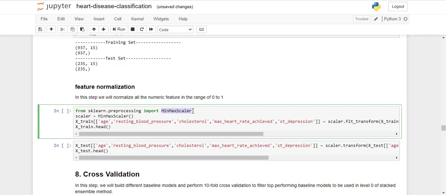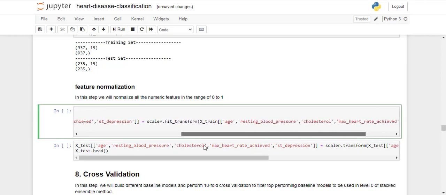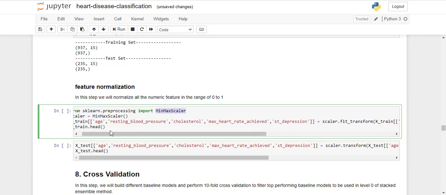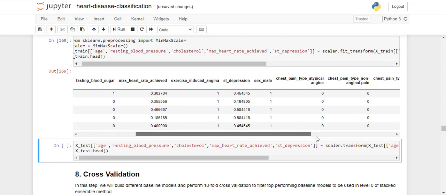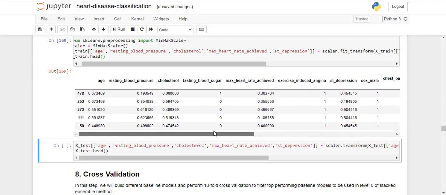Here, as you can see, we are using only those features which are continuous: age, resting BP, cholesterol, max heart rate, and ST depression. So let's see how it looks after scaling. Yes, all of the selected features apart from the 0, 1 ones are scaled in the range of 0 to 1. Same is the case with the testing set.